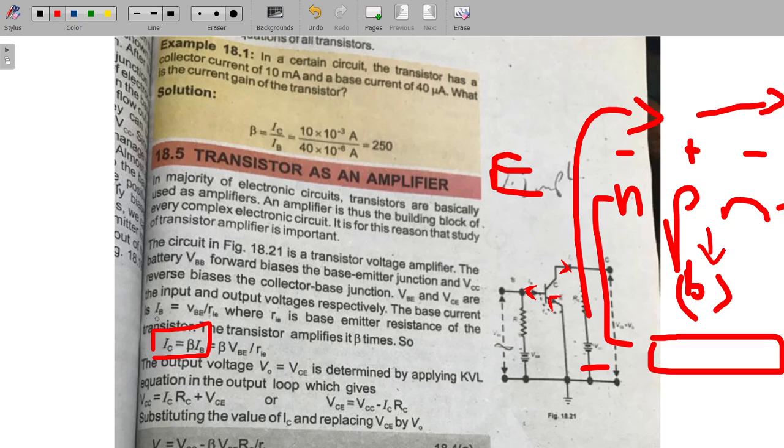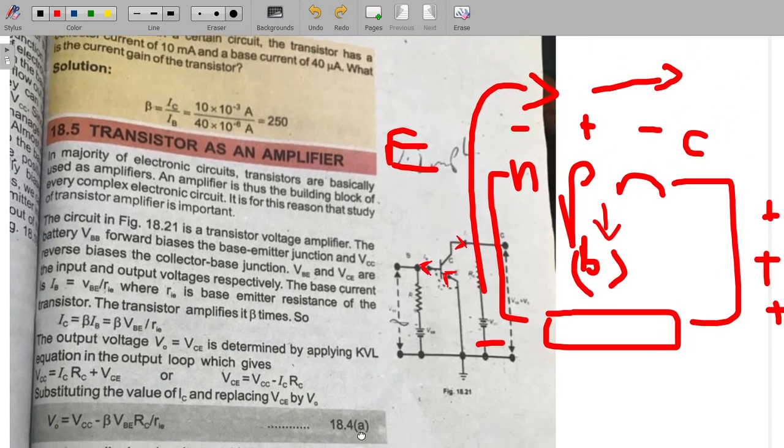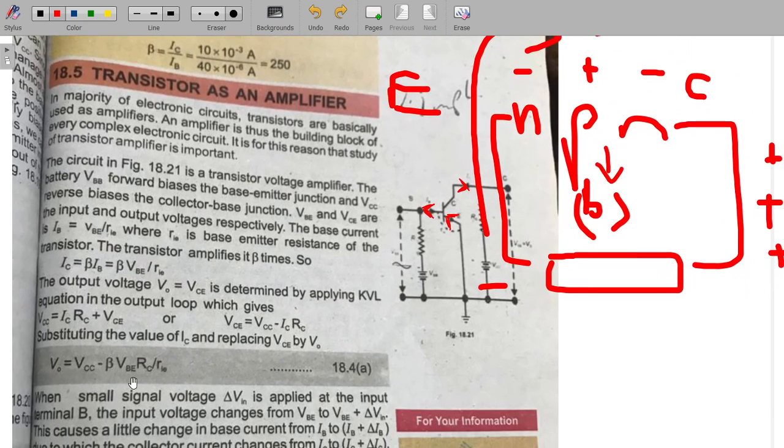So all we have to do is put the value of the base current into this formula, and we have the formula of the collector current. So basically what we found here is the collector current is this many times amplified from the input voltage. But this we already know. This is the basic phenomena of any transistor. This is nothing new. The new parts are coming ahead.